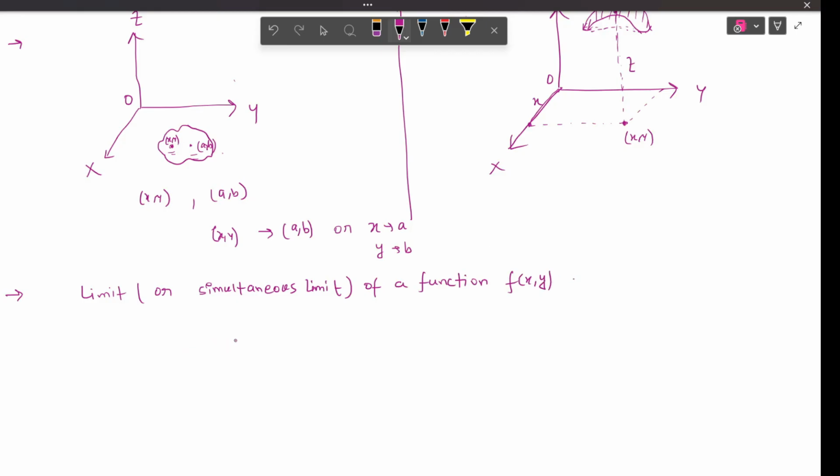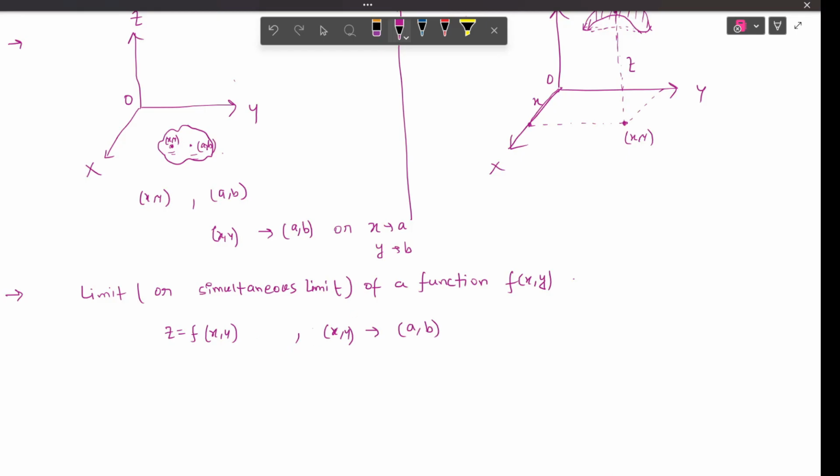So let z be a function of x comma y, a function of two variables. Corresponding to each x comma y, we get a value z. So let x and y vary and x comma y tends to a comma b.